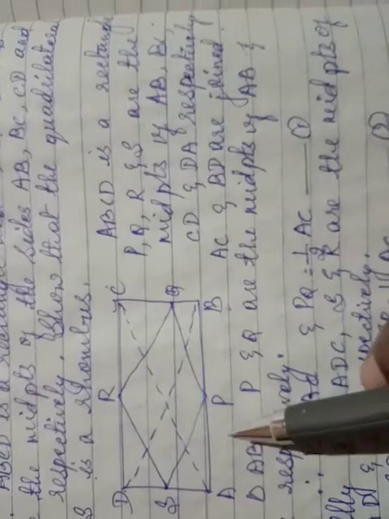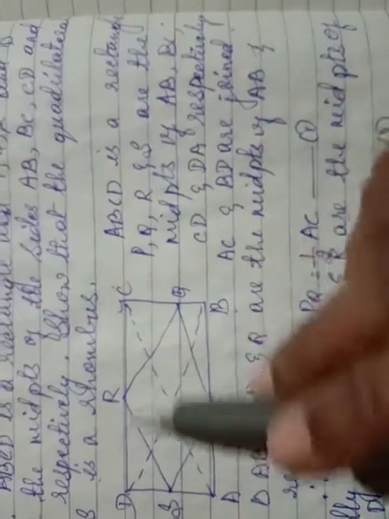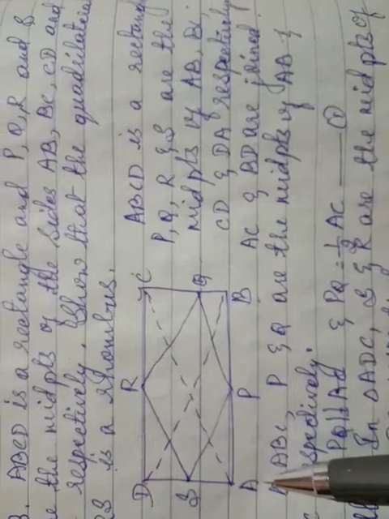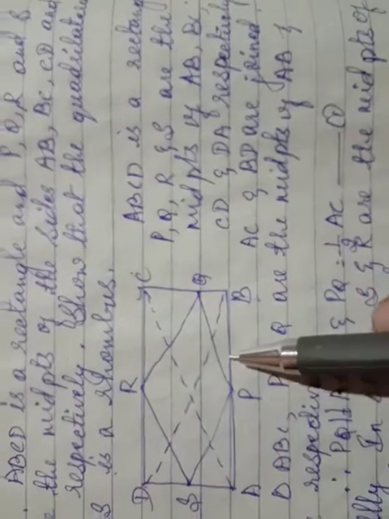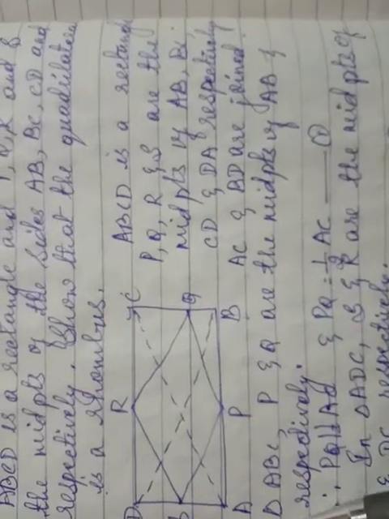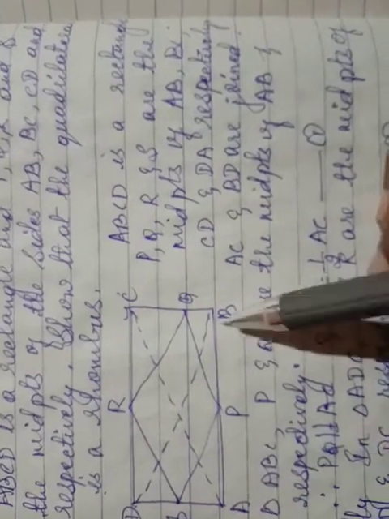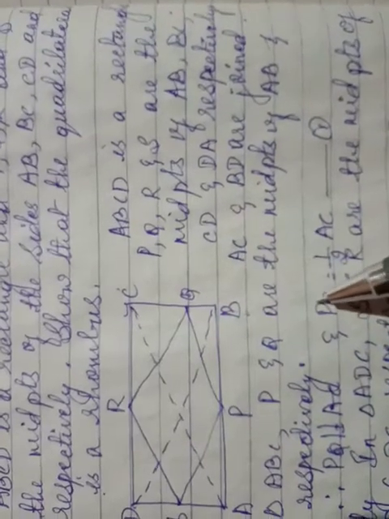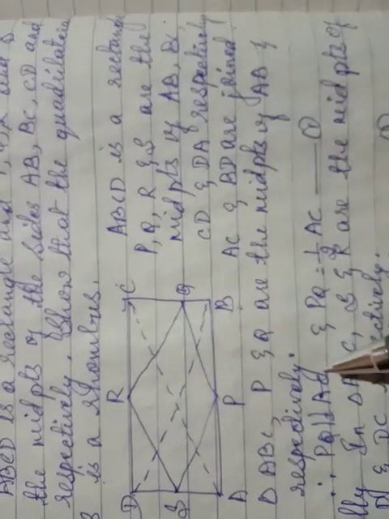PQRS are the midpoints of AB, BC, CD and AD respectively. AC and BD are joined, and they are the diagonals. And in triangle ABC, P and Q are the midpoints of AB and BC respectively.